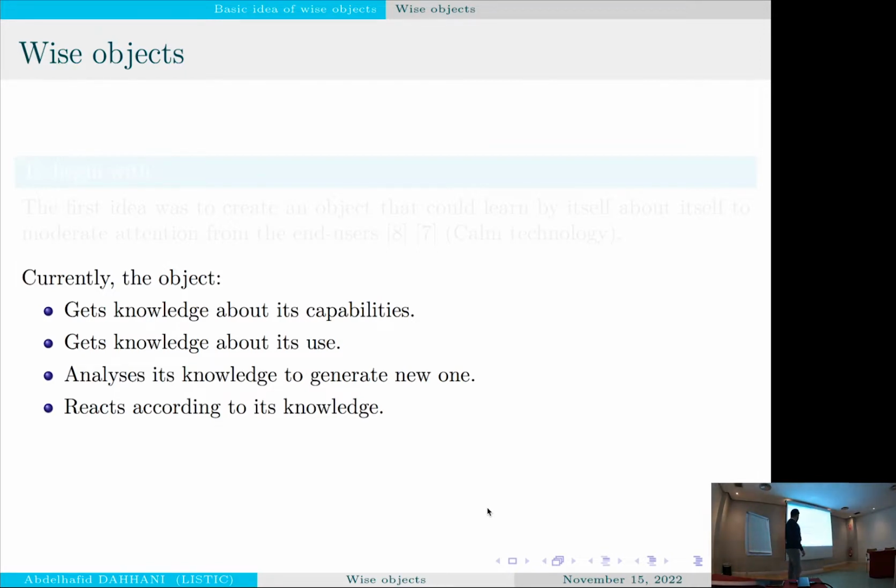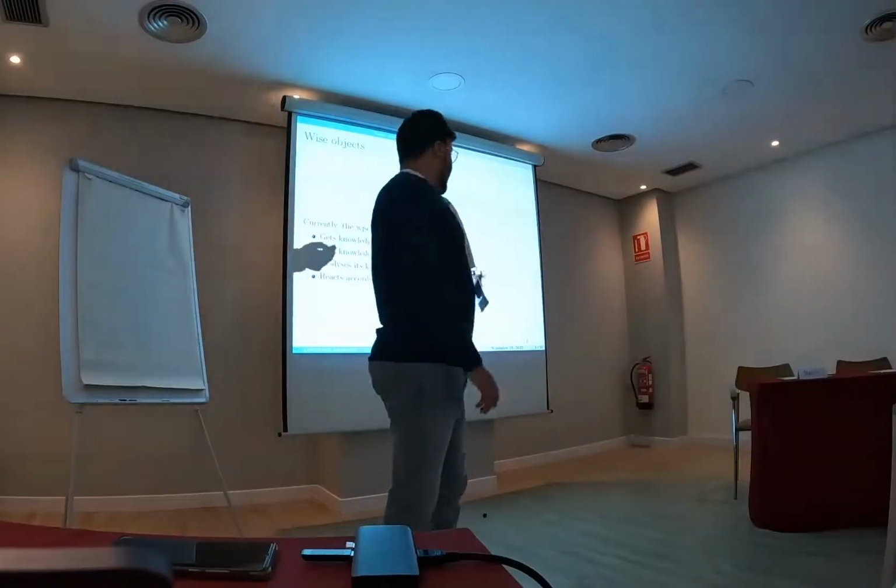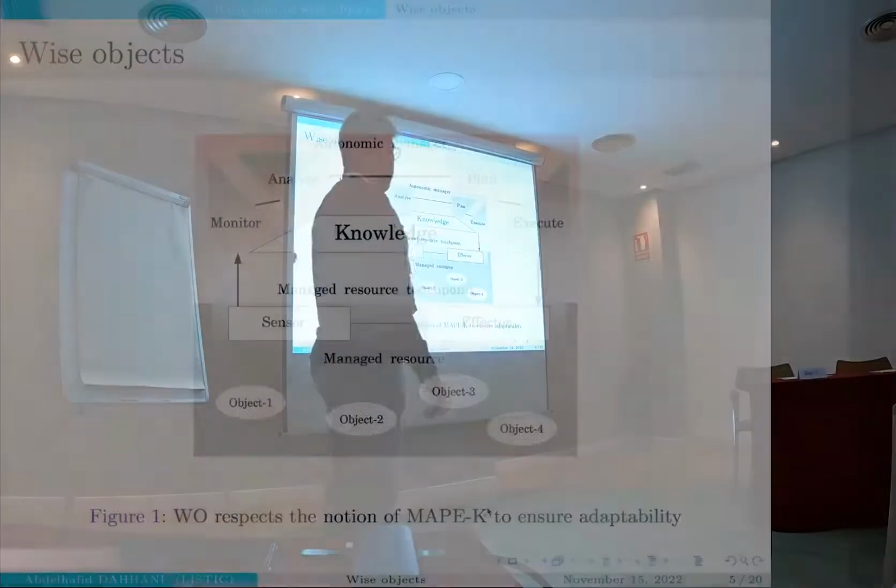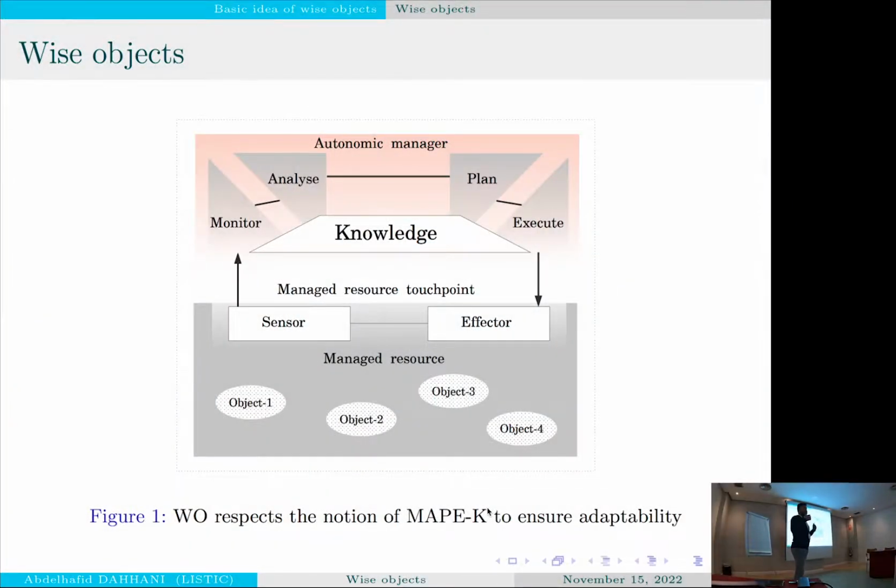It can analyze the knowledge to generate new knowledge based on some rules. Also, it can react according to its knowledge. And to do all of this, it is based on a loop called MAPE-K to assure adaptability. It's like it is adapting to your behavior.